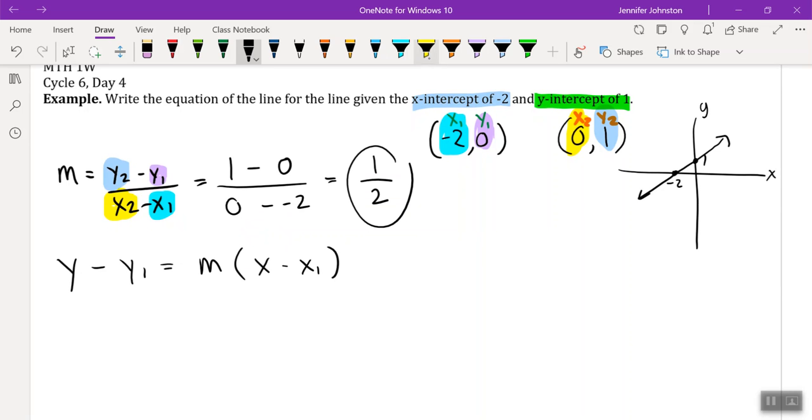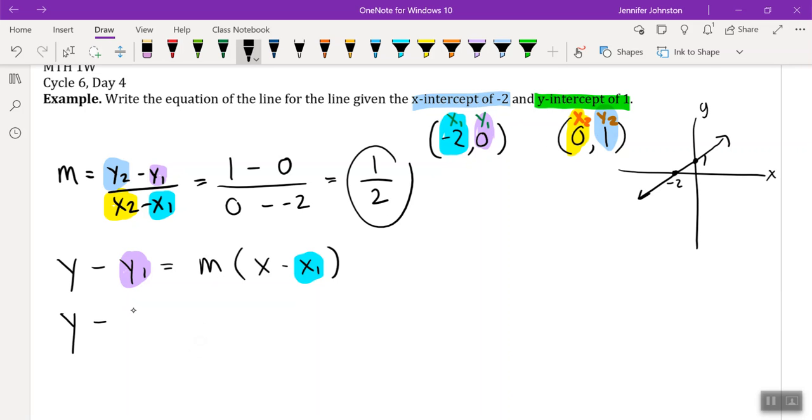We already know what y1 and x1 are. Y1 was purple, and that was 0. And we're looking for x1. It's right there, light blue. You can't mix and match. You can't go ahead and pick negative 2 and 1. It has to be from the same point.